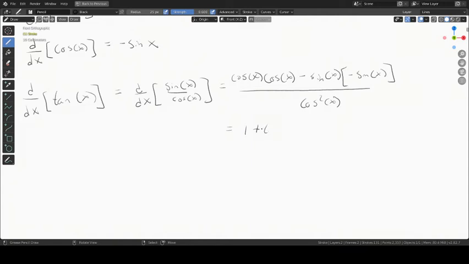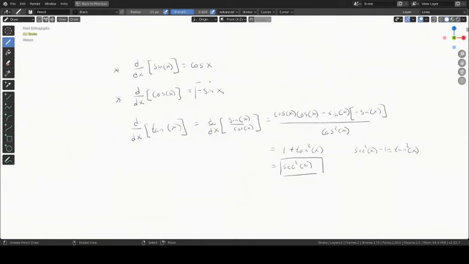So that's 1 plus tangent squared of x, which, if you remember your trig identities, is equal to secant squared, where 1 plus tan squared equals secant squared, or secant squared minus 1 equals tan squared. So using this identity, we can derive that 1 plus tan squared is equal to secant squared of x. And that is the derivative of tangent of x.